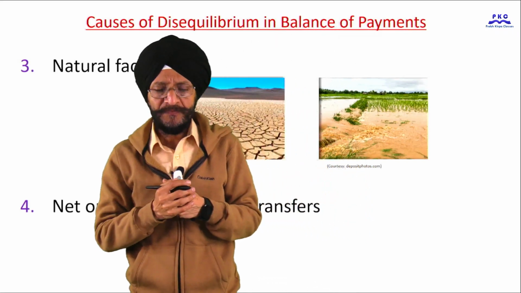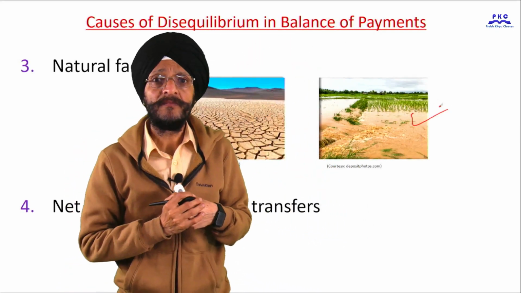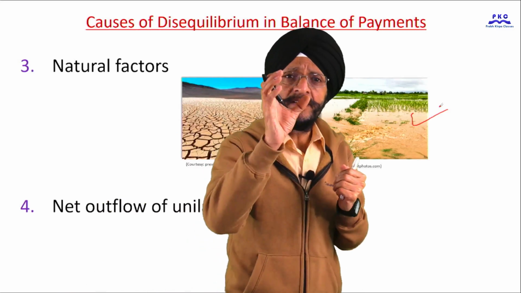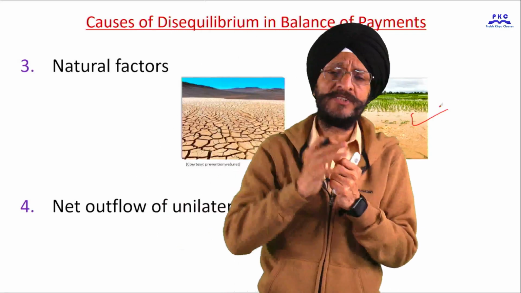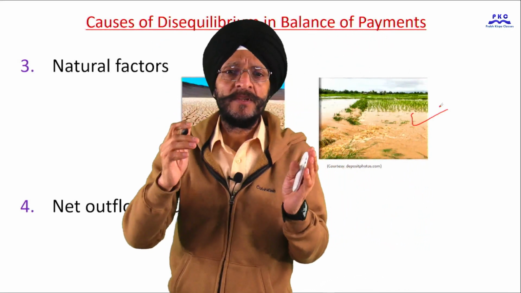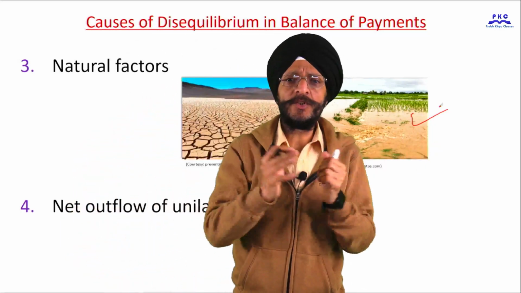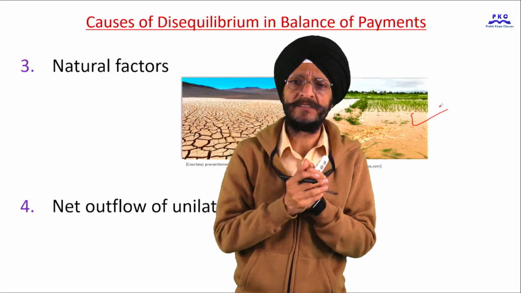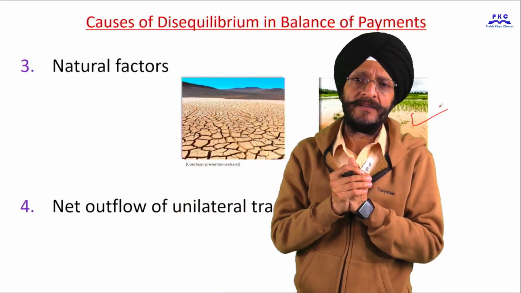In the same way, if there are floods in the country and the country is producing, say, rice, it exports rice to the rest of the world. And if there are floods, no doubt, when rice is produced, enough water is required for growing rice. But excess of everything is bad.